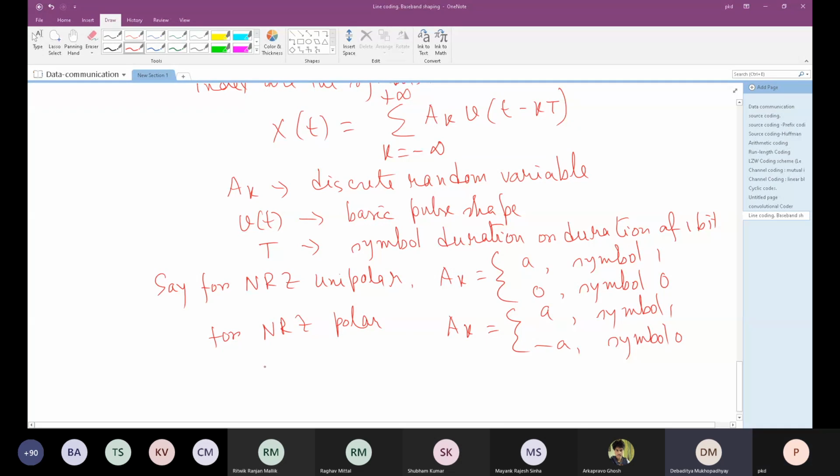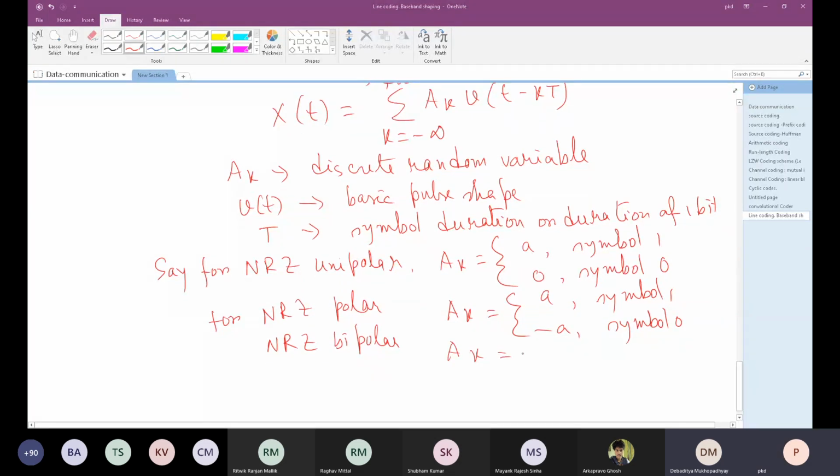Similarly for bipolar, a_k equal to A and minus A alternately for 1, and 0 for symbol 0.